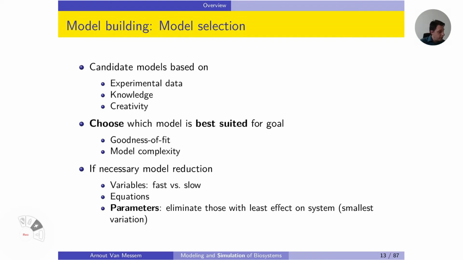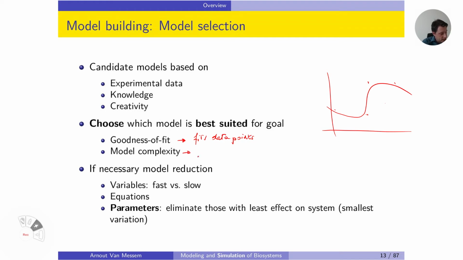Goodness of fit basically just means that it fits the data well, so it fits the data points very well, which means that if you have certain data points, your model will pass very closely along those data points. The model complexity, on the other hand, is how complex the model is.